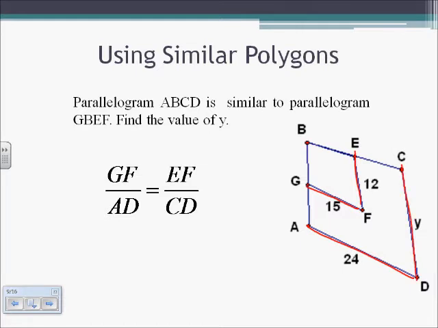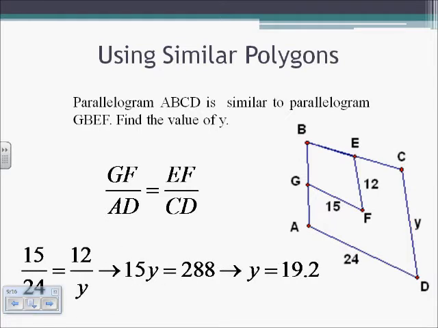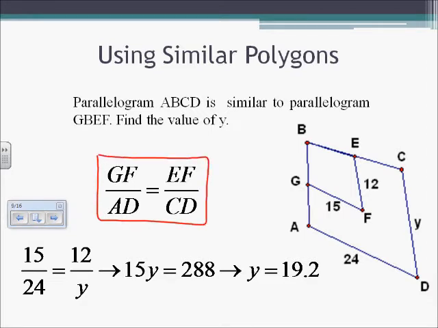And I can plug in the values there to end up with 15 over 24 is equal to 12 over y. Cross multiply, 15y is equal to 288, and y is equal to 19.2 when I divide then. So again, writing this initial proportion is the key, and then it's just a matter of algebraically solving.